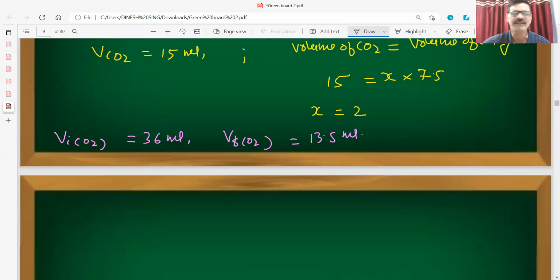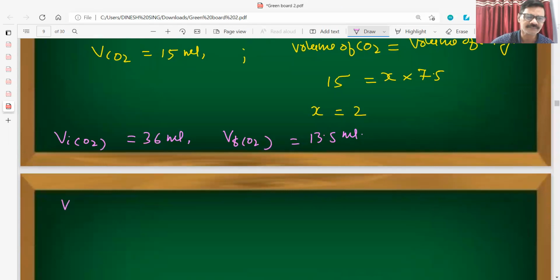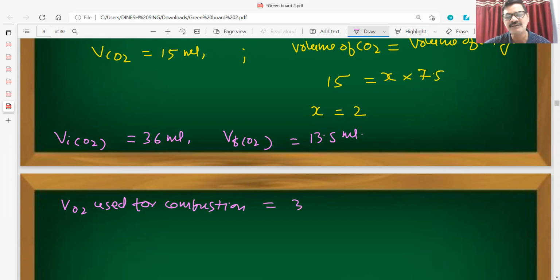So now we can determine the volume of O2 used for combustion. It is equal to 36 minus 13.5, which is 22.5 ml used.